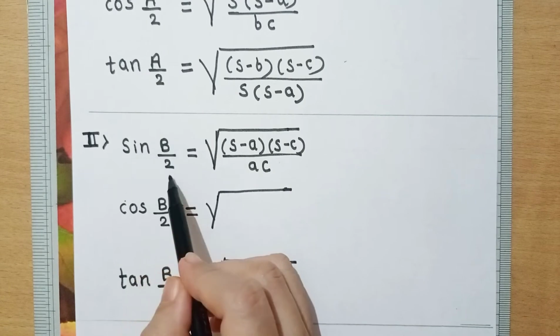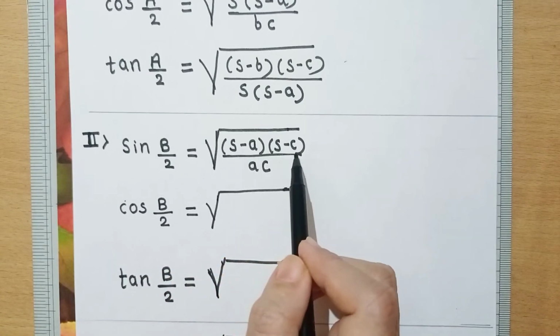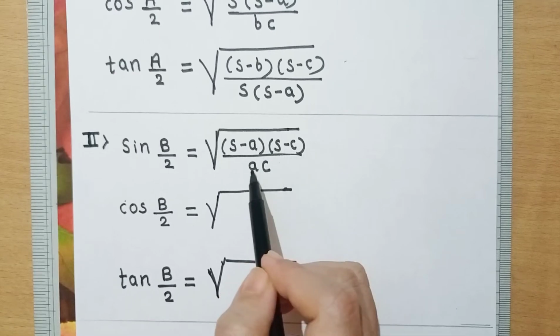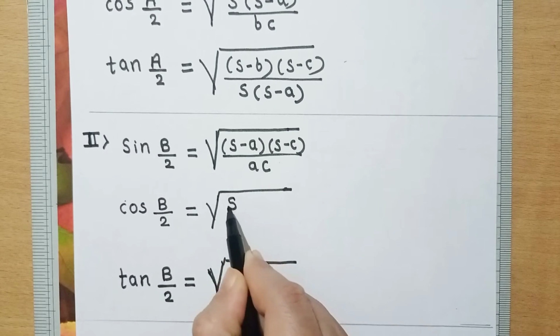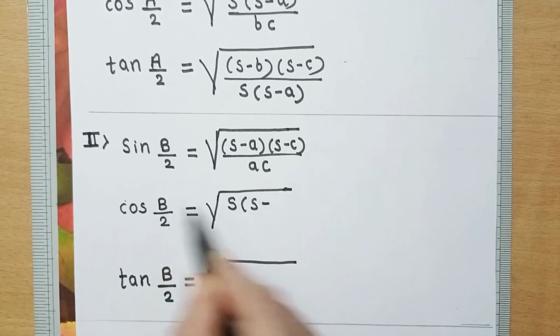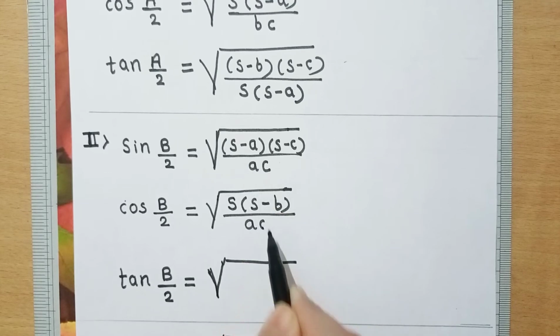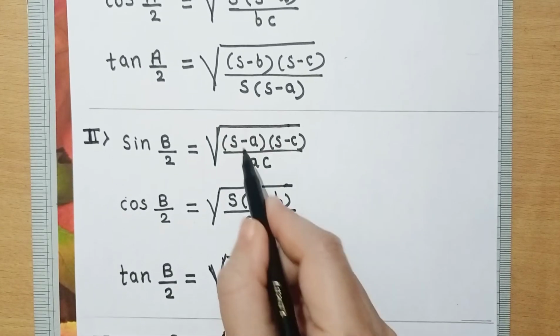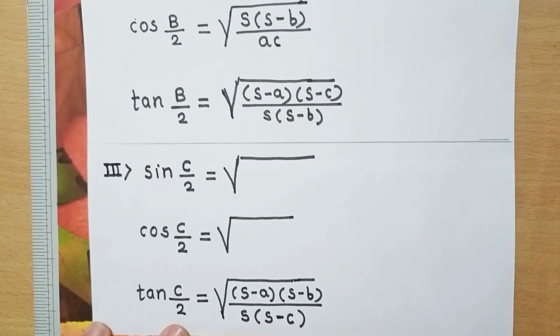Let's check now sin B by 2. So s minus a, s minus c upon the multiplication of the other two sides, that is ac. Here cos B by 2 is s in bracket s minus b upon the same denominator ac, and tan B by 2 is this upon this, upon s into s minus b.